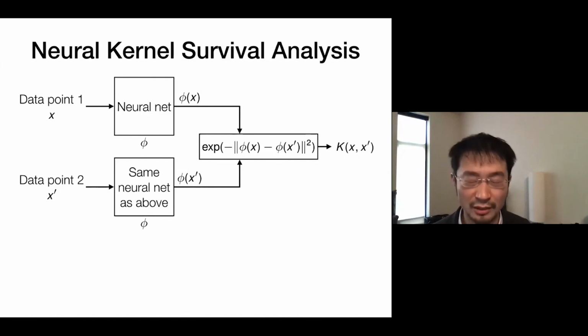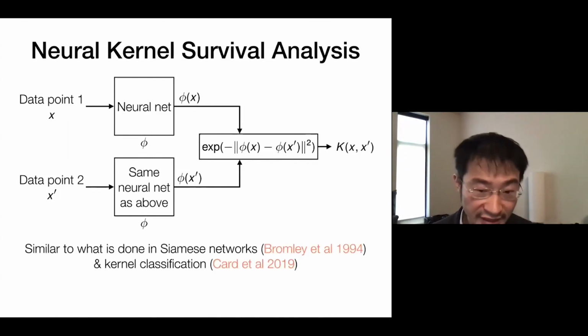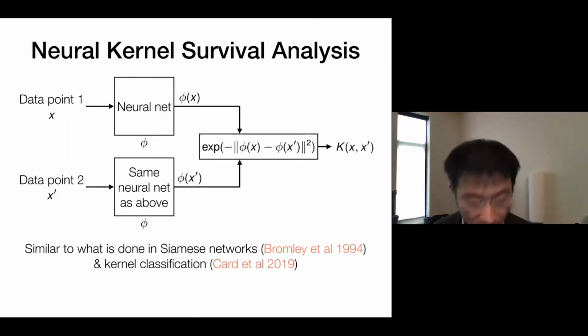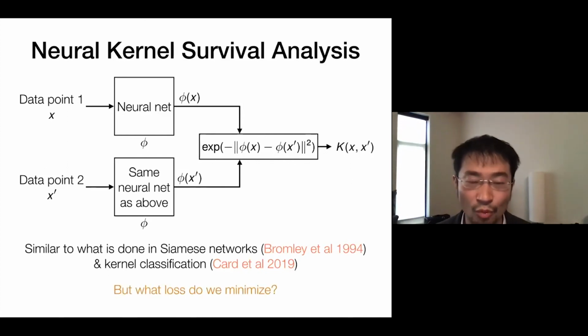I'm going to be learning this neural net phi, which means that I'm going to be learning this kernel function k. If you've seen Siamese networks before, or deep kernel classification, I'm basically doing the same thing. And the question here, though, is what is the loss that we should be minimizing?